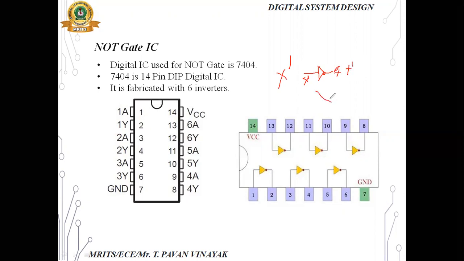Suppose I want X bar Y. Here the dot is available, which means it is an AND gate.